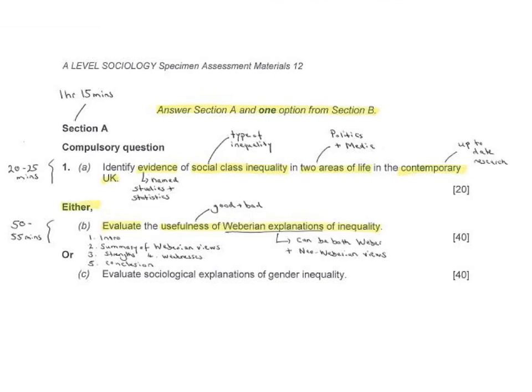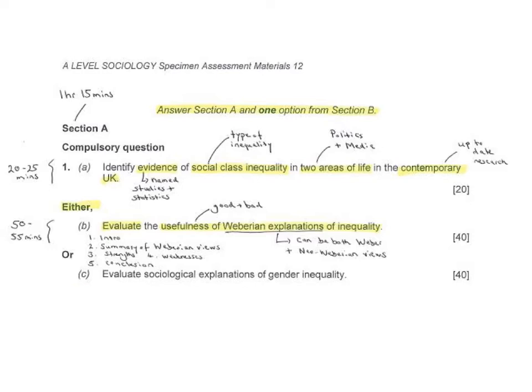Right, let's now return to the examination paper, and let's move on to the 40-mark question. And as you can see on the specimen exam question, you will be given a choice on this particular section of the exam. So you only do either 1B or 1C.